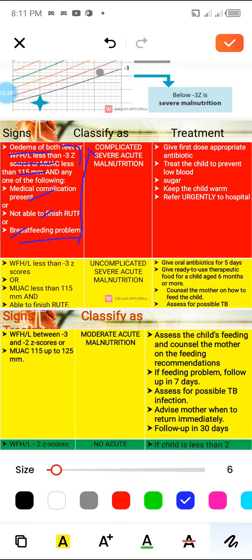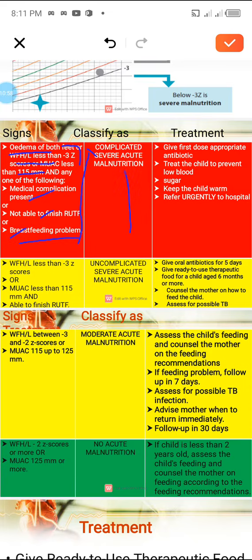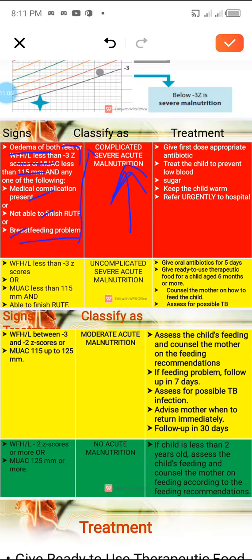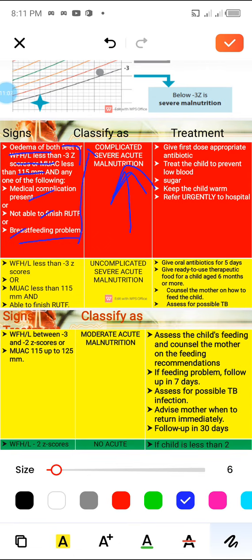Any of these three plus the above, you can combine these and conclude that the child under your classification is having what we call complicated severe acute malnutrition. So these are the indicators for complicated severe malnutrition.